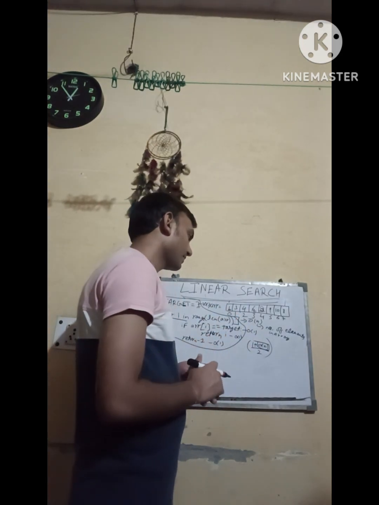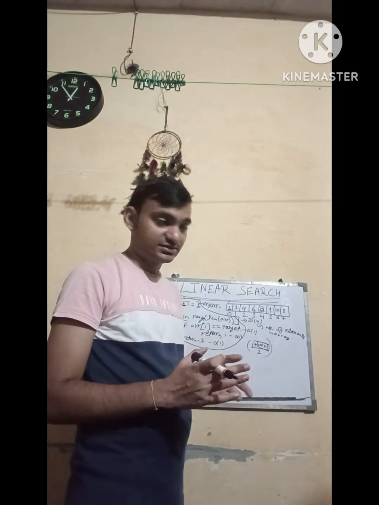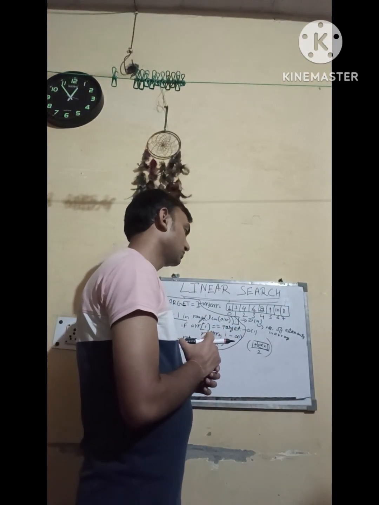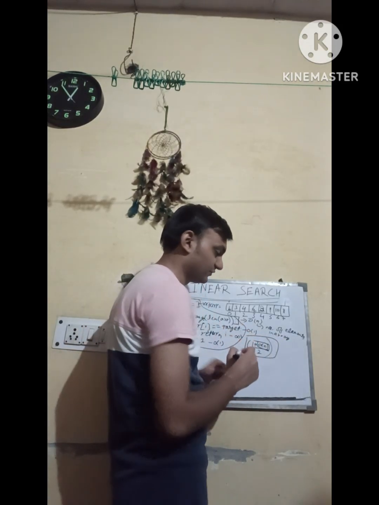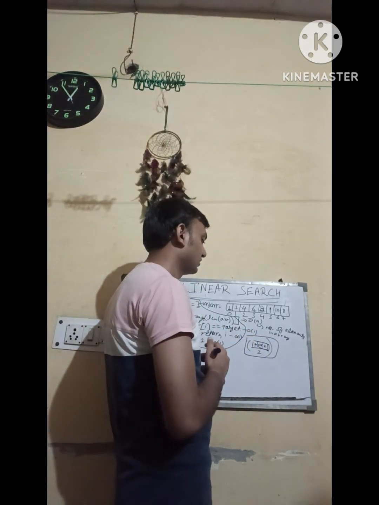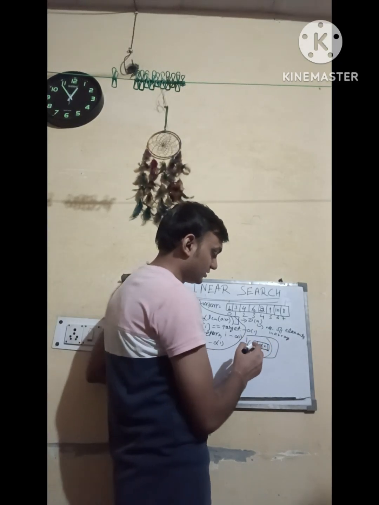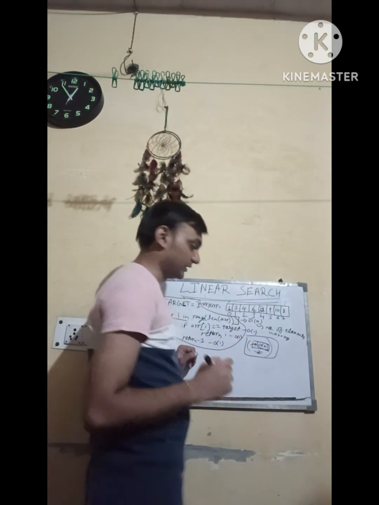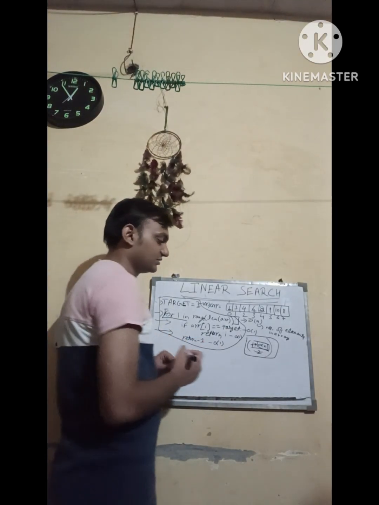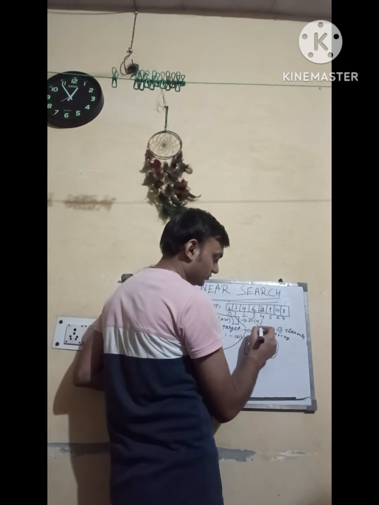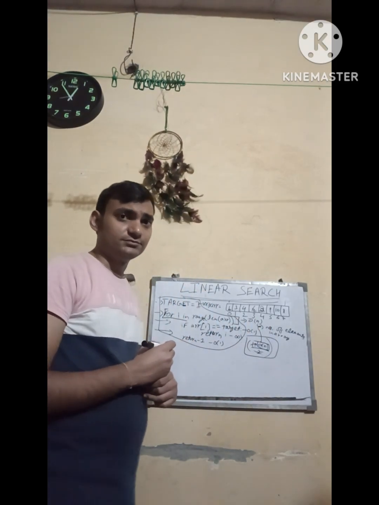So that will be considered as the average case. For that reason we wrote this, and these constant values are always ignored in time complexity. That is the reason we have average also order of n. I think we got the idea of it.